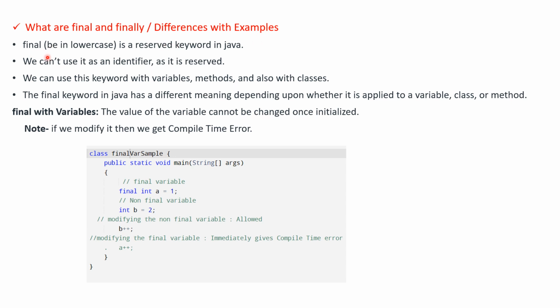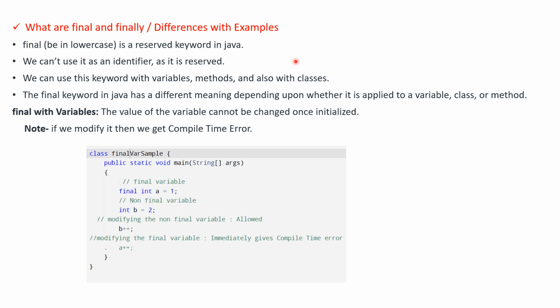So final, in lower case, is a reserved keyword in Java. We can't use it as an identifier as it is reserved, and we should not modify or alter it. We can use this keyword with variables, methods, and also with classes.